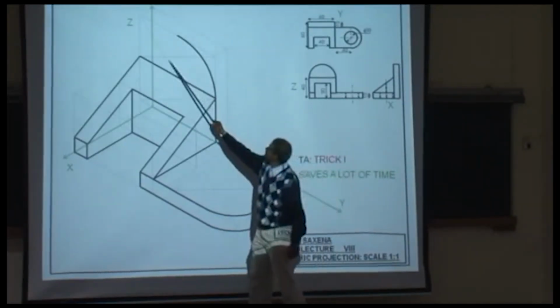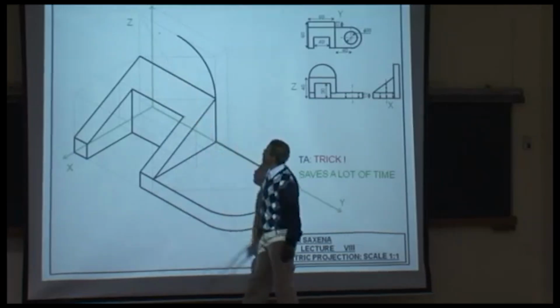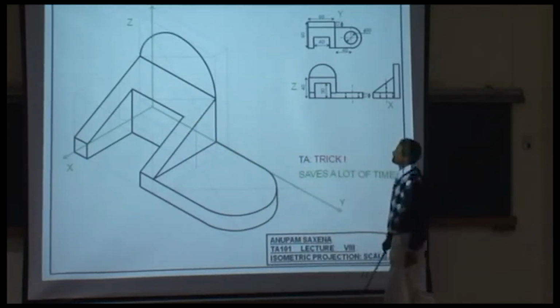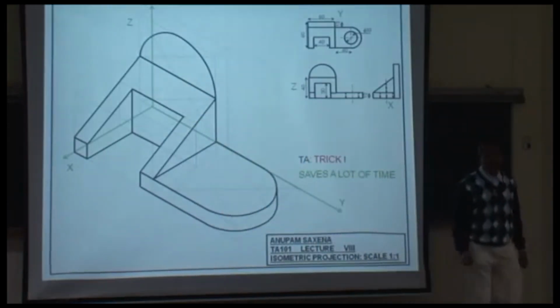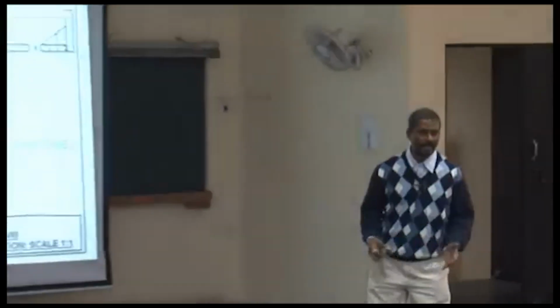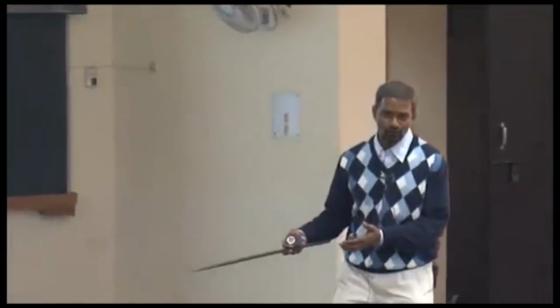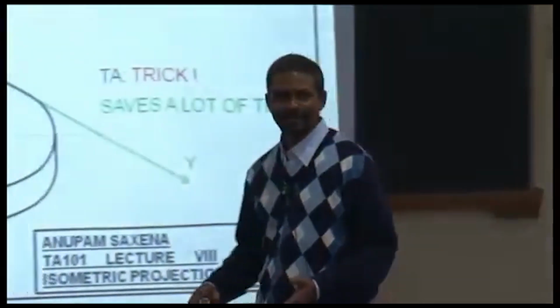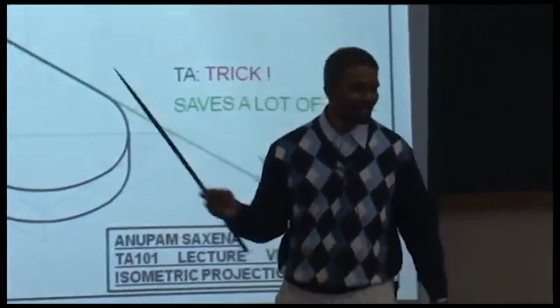With this point as center, this as radius, I draw another arc. To draw the same thing on the back face, I would essentially Control C, Control V. Control C is for copying, Control V is for pasting. But I cannot do that here.